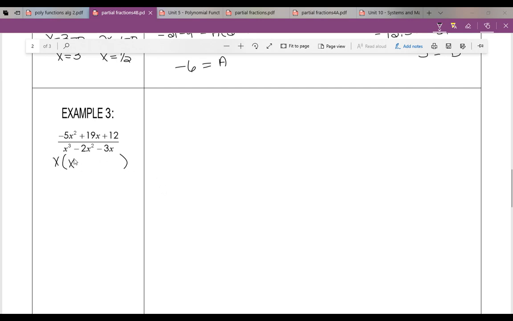That leaves me the reduced quadratic of x squared minus 2x minus 3. And that quadratic can be broken down into linear factors. x minus 3 and x plus 1.